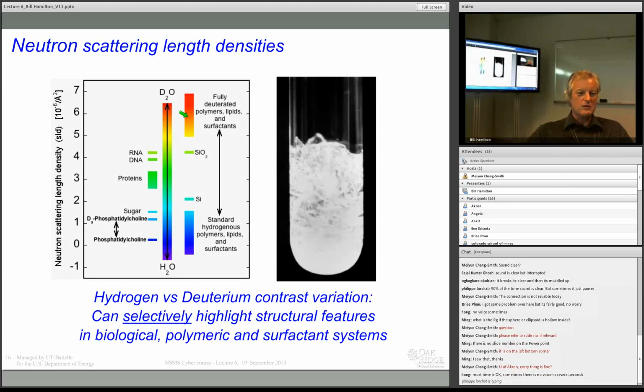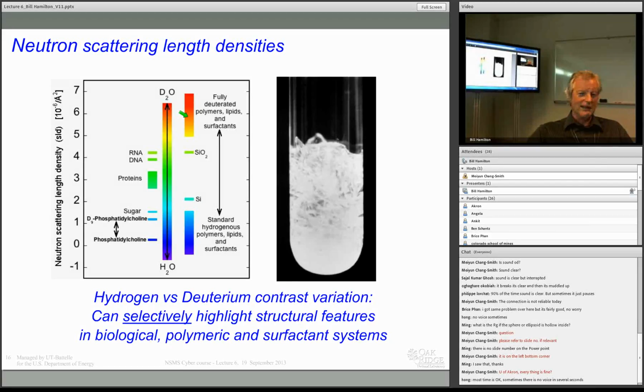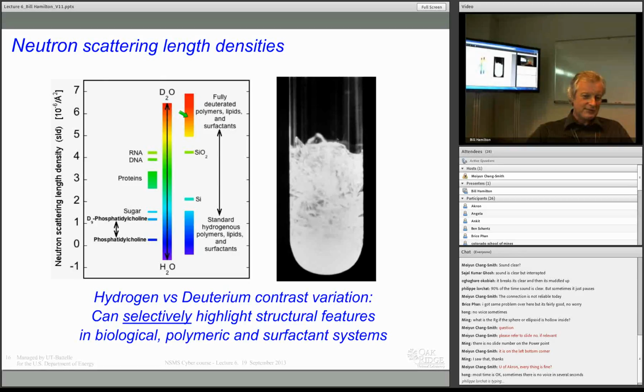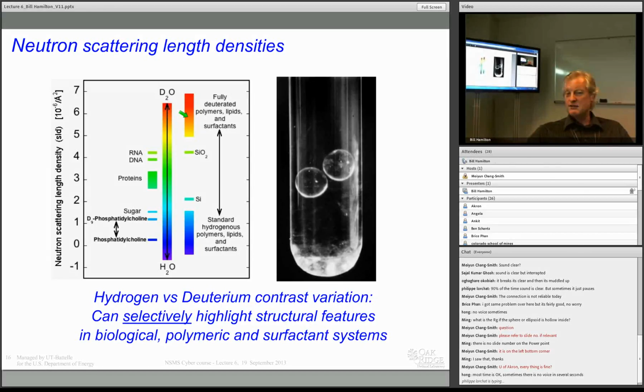And this enables us to essentially highlight regions or make regions disappear. If you have silica particles or say some glass wool in a vial, you can organize the mixture of H2O and D2O so that the glass wool disappears and you can see a feature that was otherwise hidden behind it.